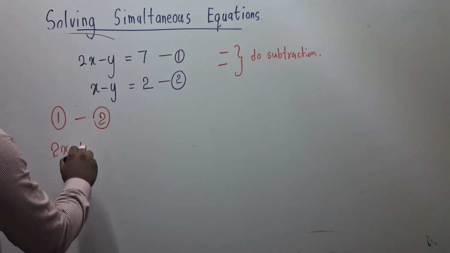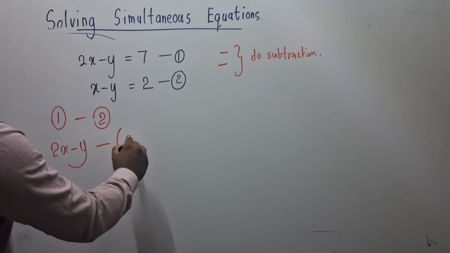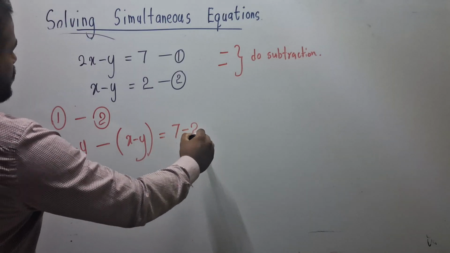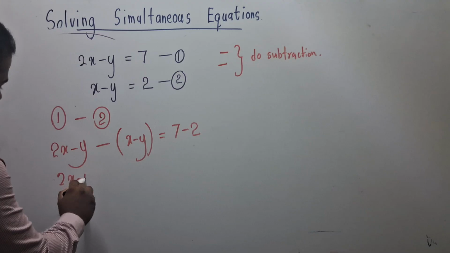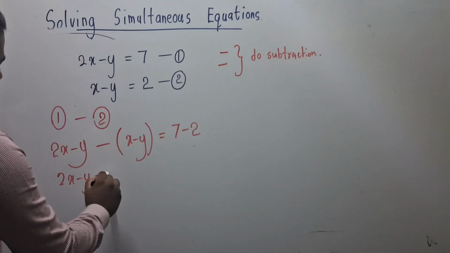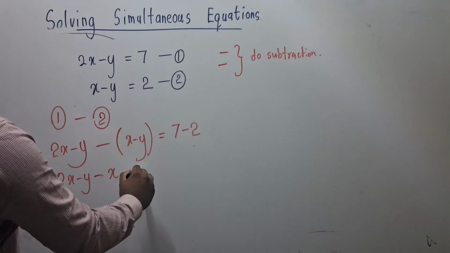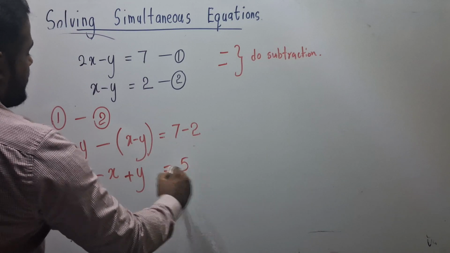So I write 2x minus y minus bracket x minus y equals 7 minus 2. 2x minus y, minus into x is minus x, minus into minus y becomes plus y. 7 minus 2 becomes 5.